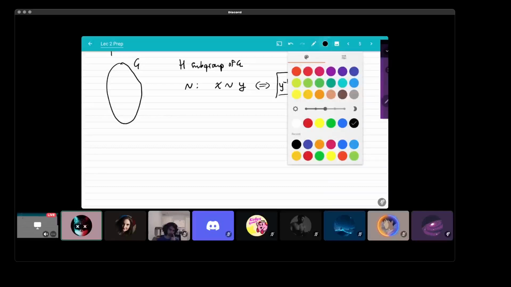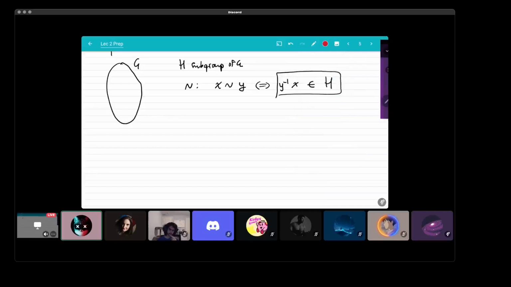So another way to write this is X equivalent to Y if there is some H such that X equals YH.